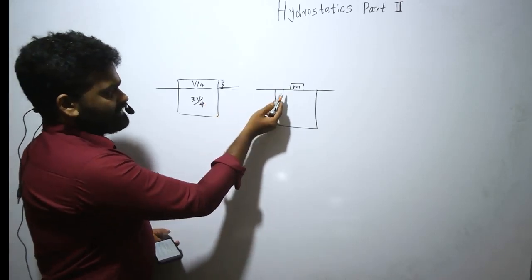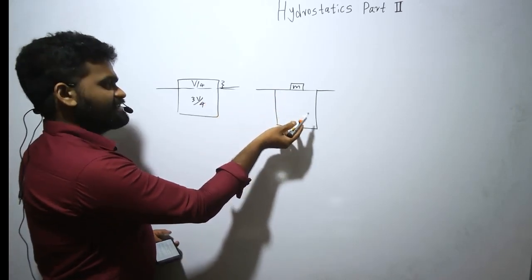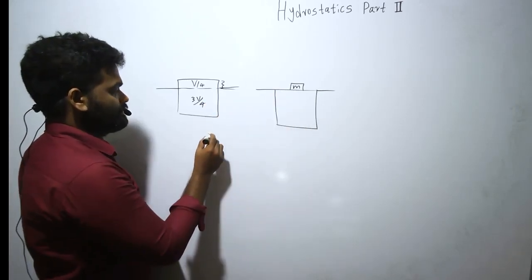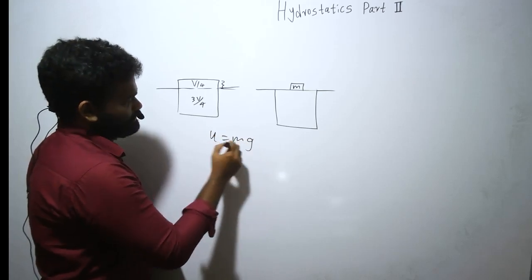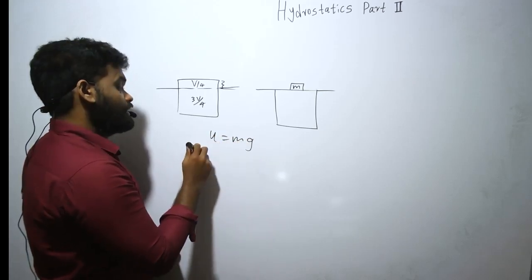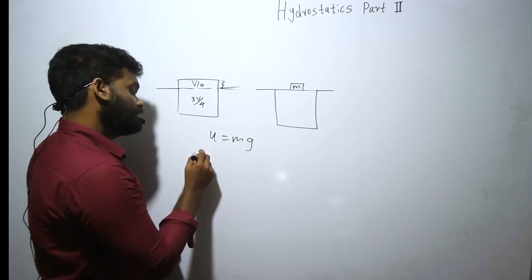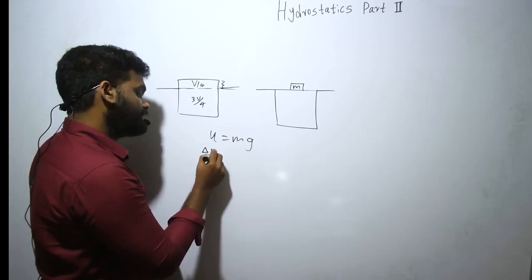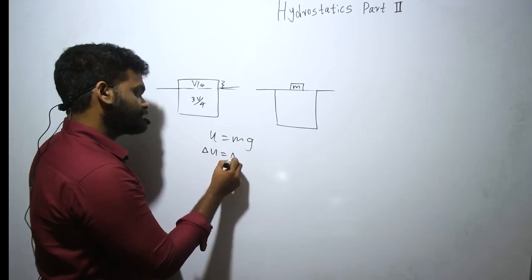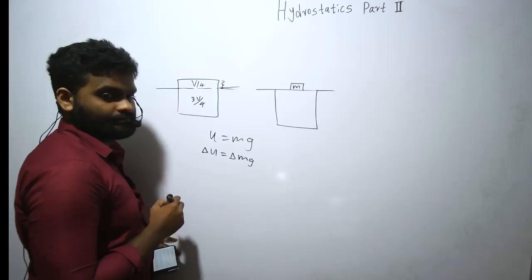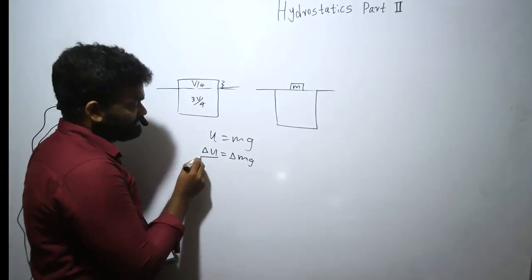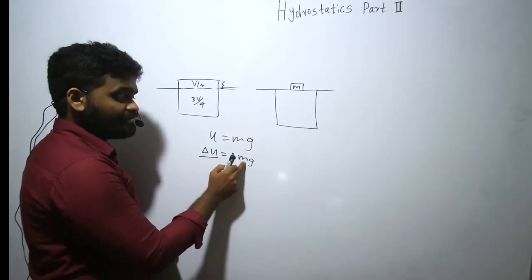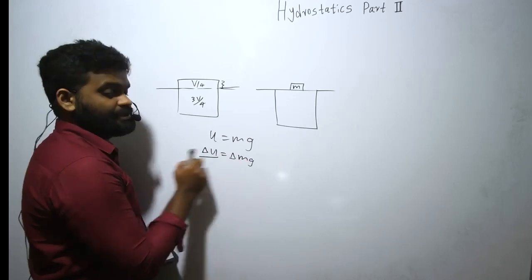So, at the second case, what is the difference? What is the increased amount of upthrust? So, this is the usual equation, U equals mg. But I can get delta U equals delta m g, right? So, this is increased upthrust equals increased mass times g.